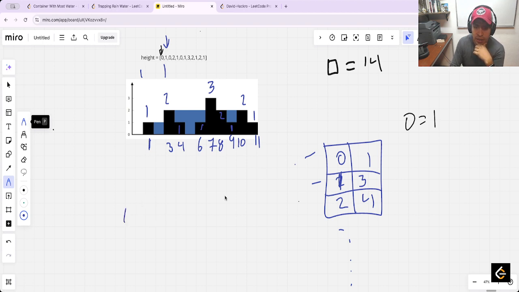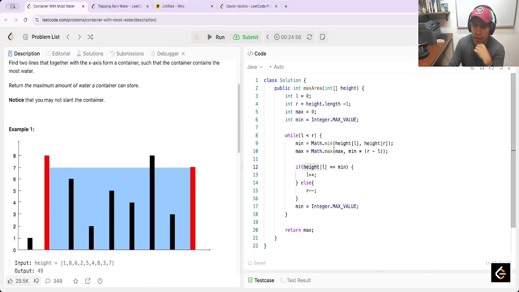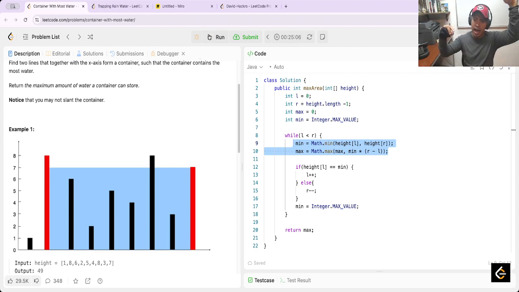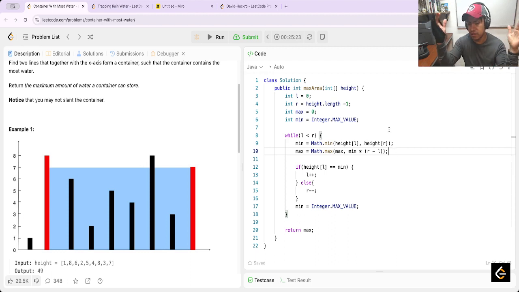The first is 1, the other is 3, the mean is 1, and we can use this calculus, that is the mean of the height, in this case is 1. And next, this max basically is how much water we can contain in this container.